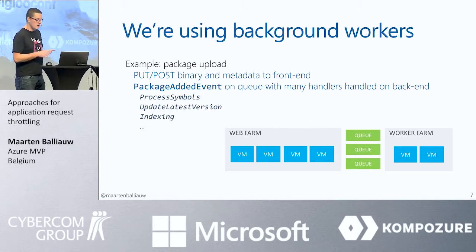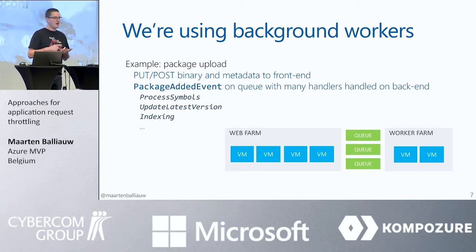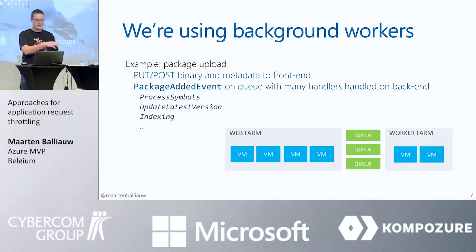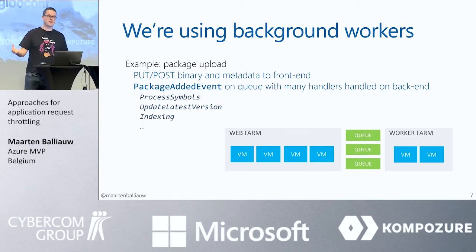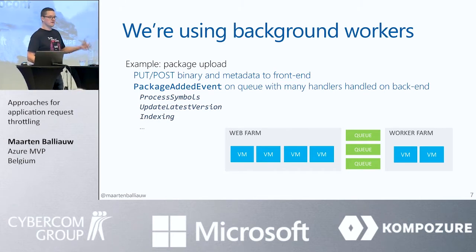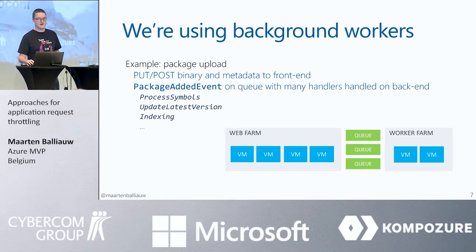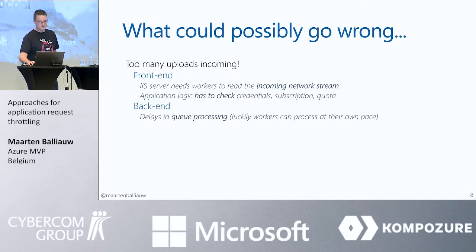For example, we process symbols for NuGet packages, we update the search index, we update a flag that says this is the latest version of a package, and so on. One event can trigger many handlers in the backend. The nice thing is we can have lots and lots of requests on the front end, and there will be messages in the queue, but the front end will not die because it doesn't have to do all these things itself. A background worker does them asynchronously.